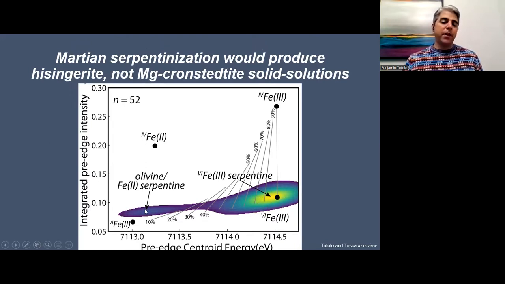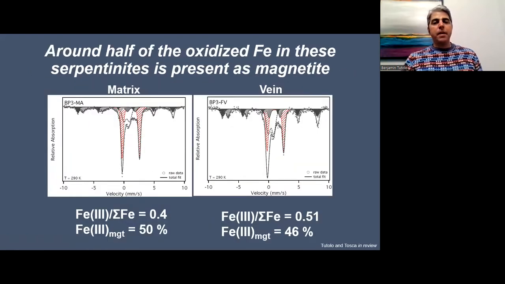So we see we're going from olivine, or iron 2 plus rich serpentine but mostly olivine, towards oxidized iron in the octahedral sheet of serpentine. So we're making the mineral hisingerite. We can then again do Mössbauer spectroscopy on these rocks, and we see that the oxidized iron is being generated in a way that is very consistent with our bulk rock analyses of the oxidized iron content of these rocks.